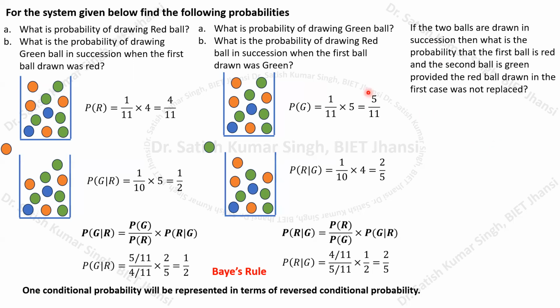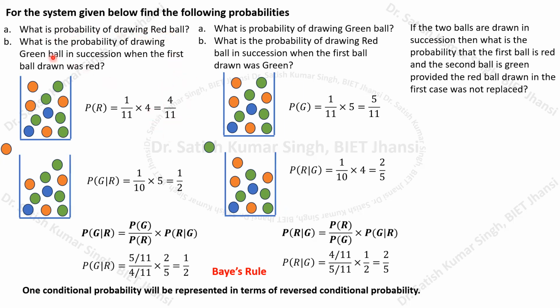Here we were actually interested only in the probability of drawing the green ball. Try to differentiate between these two problems. In the first problem, the first statement asked what is the probability of drawing a red ball, which was 4 by 11.